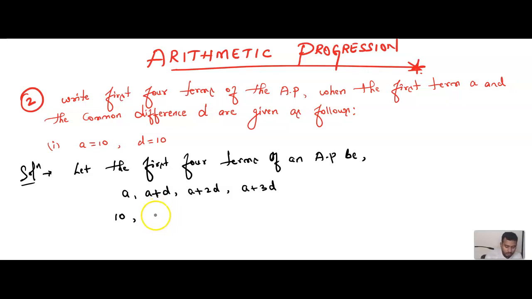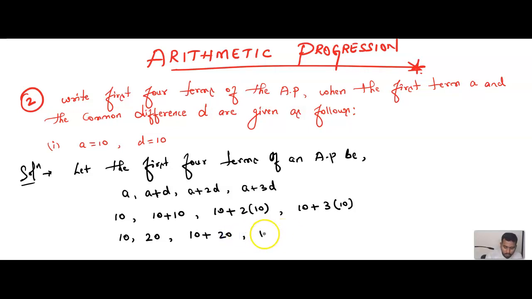So what is the value of A? 10, comma, 10 plus D, where D is also 10, comma, 10 plus 2 into D, which is also 10, comma, 10 plus 3 into D, which is also 10. That is 10, comma, 10 plus 10 is 20, comma, 10 plus 2 tens are 20, comma, 10 plus 3 tens are 30.